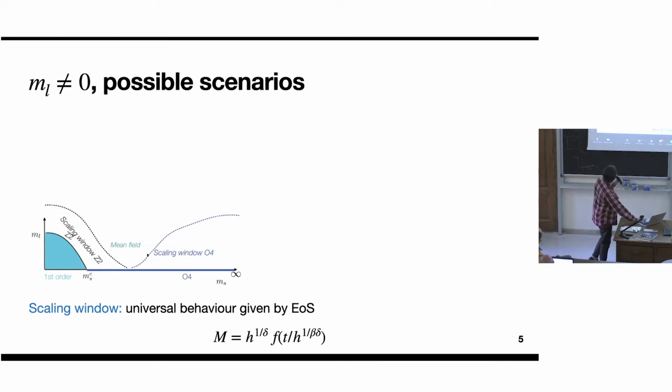This is what I call the scaling window. This window is where the behavior can be explained to some approximation by these universal functions. Again, if we assume that we have another Z2 second order line, then there might be some scaling window.